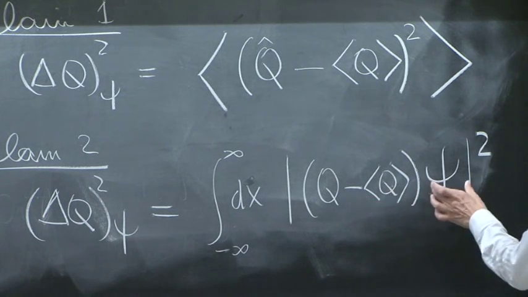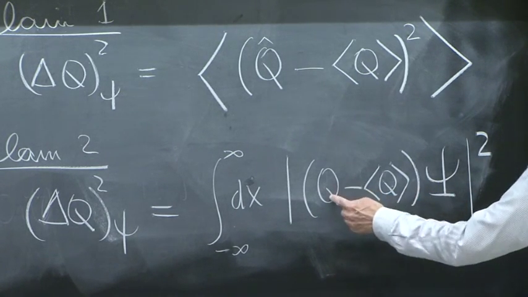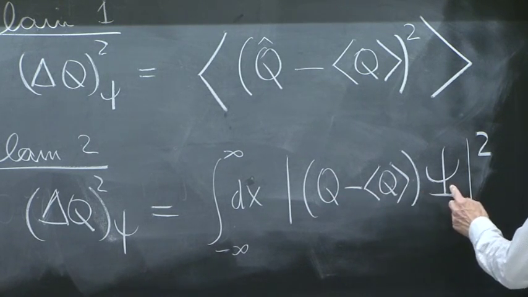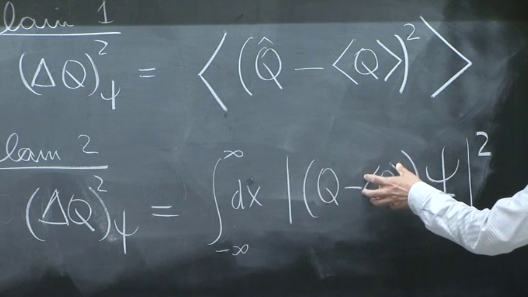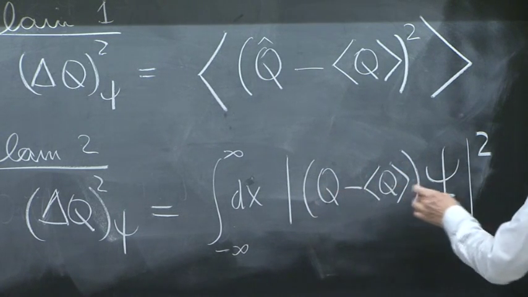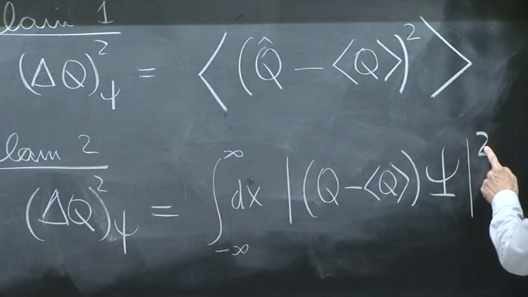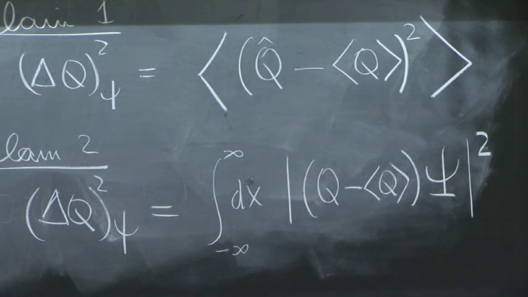You act on psi with the operator Q and multiplication by the expectation value of Q. This is an operator, this is a number multiplying psi. You can act with this on the wave function. You can square it and then integrate. And that is also the uncertainty.